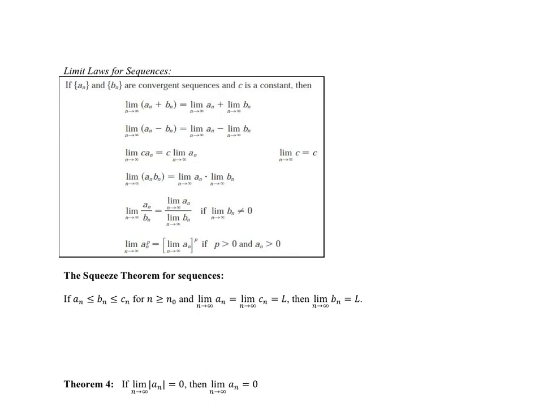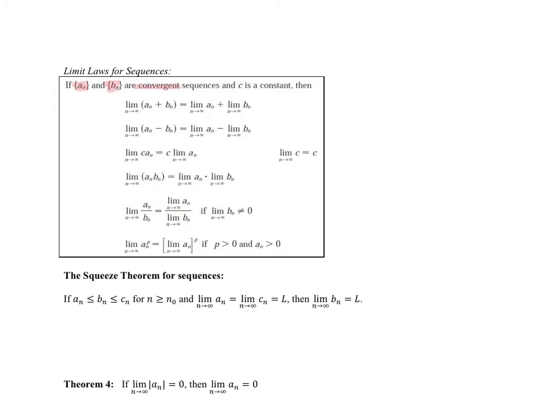All right, here is a set of limit laws for sequences. Many of them are intuitive, but one of the keys here, and I'll highlight it, is that a sub n and b sub n are convergent. That's why these work.